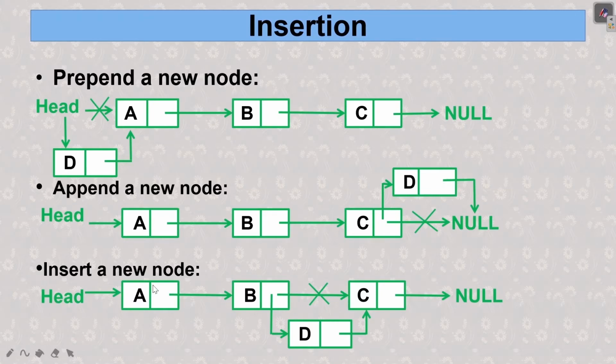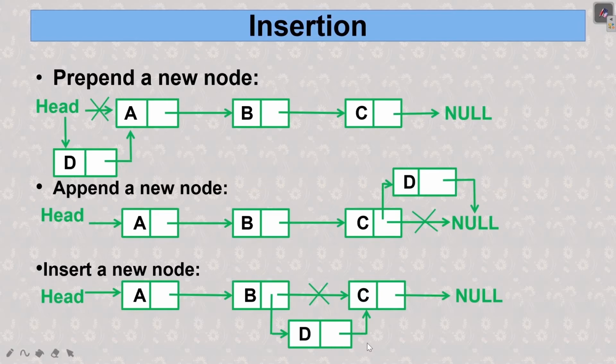Then insert a new node. Suppose we want to insert a new node D between the position of B and C, okay. Firstly, we have to give the address of the next node C into the next pointer of D. Then we have to give the address of the new node D into the next pointer of B, okay.